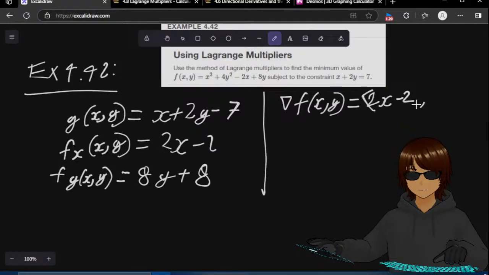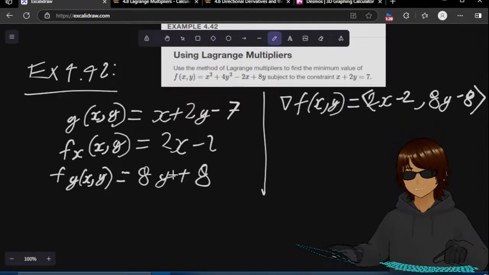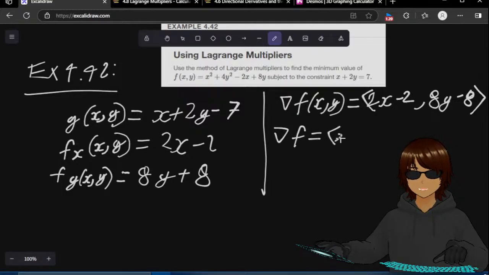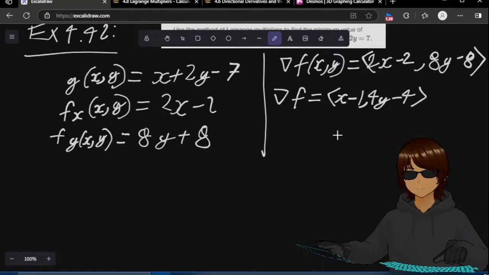Write it like this: 2x minus 2, 8y minus 8. You can divide this by 2 since it's a vector. You only need the direction, right?